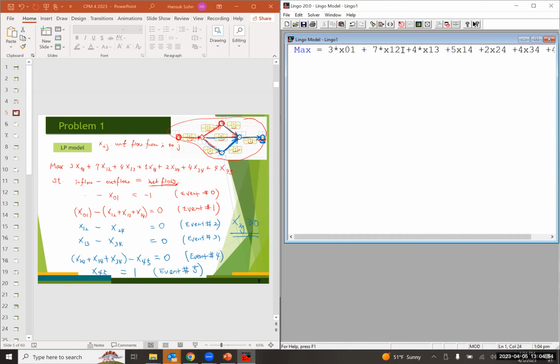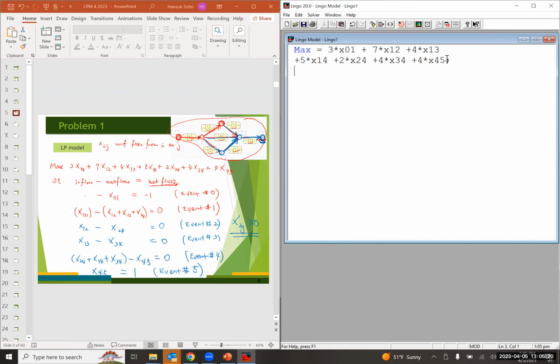So let's put them in here. Okay. And then don't forget semicolon at the end of objective function.